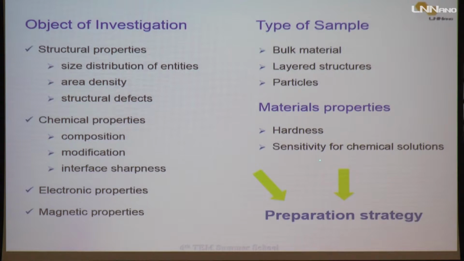And also the sensitivity to chemical solutions. Some of the preparation strategies will use some chemicals, and this needs to be taken into account. And then we can define our preparation strategy.